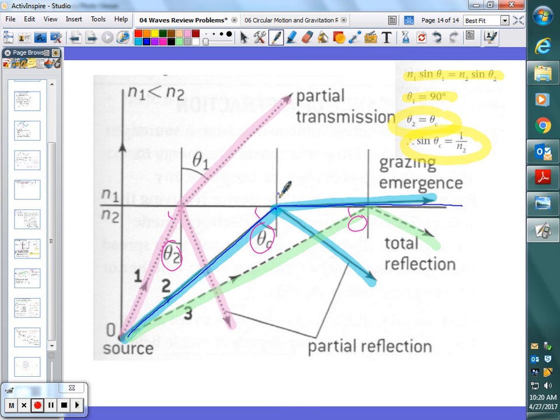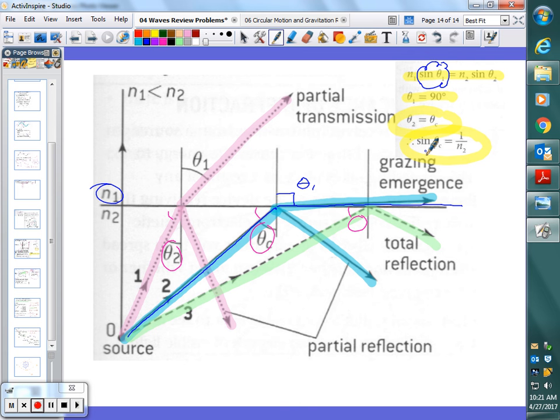So theta 1 in this case, because this is n1, is 90 degrees because we measure it with respect to the normal. Does that make sense? So that means that theta 2 is the critical angle.